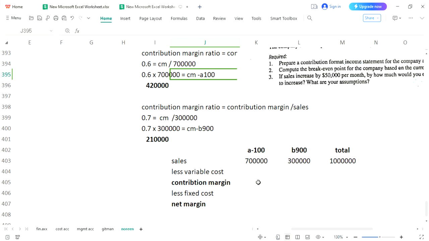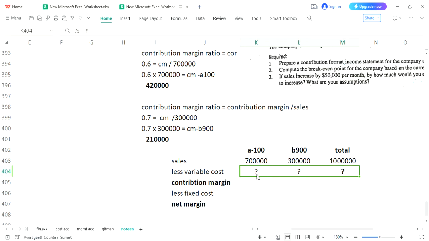So what you can do here, variable cost is unknown. Again, variable cost for B product is unknown. Obviously, then total variable cost will also be unknown. But we do have contribution margin of two products, which we are open to put at their relevant places. Contribution margin for A100, which is calculated over here, 4,20,000, would be put over here.